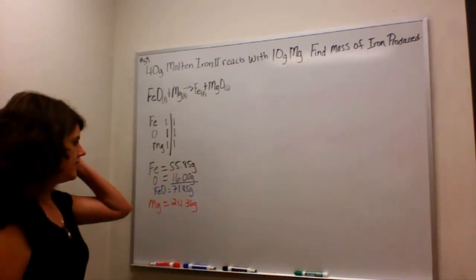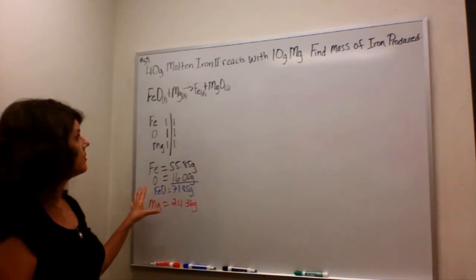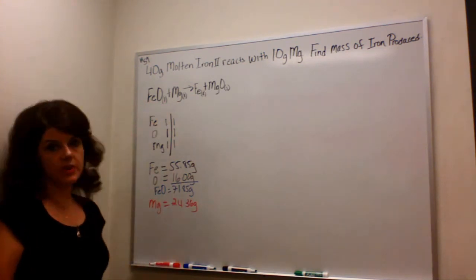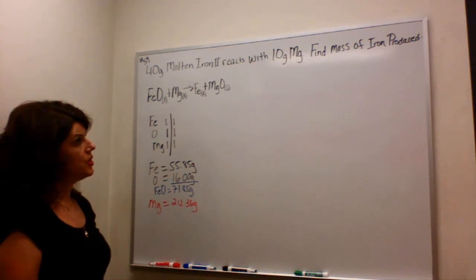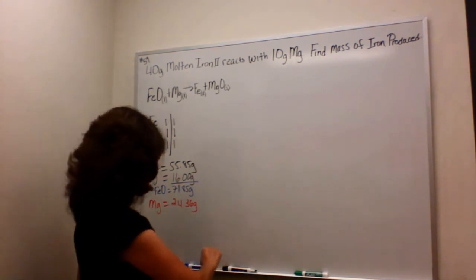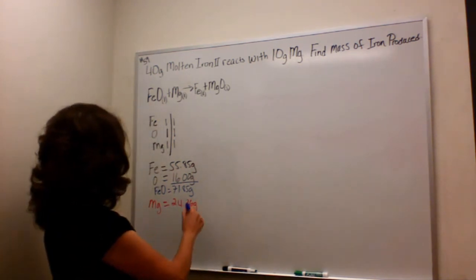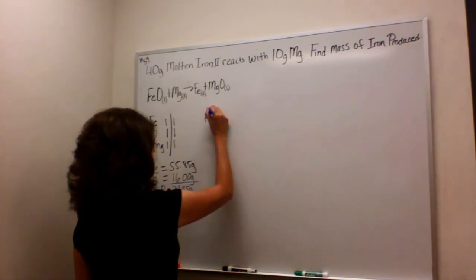Okay? Now that we have our masses to convert to moles, and we have a balanced equation, we're going to determine the mass of iron produced from both the iron oxide and the magnesium. First, let's start with the iron oxide, and this is going to be part A of our problem.